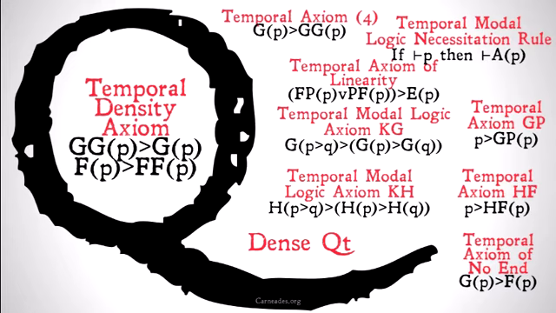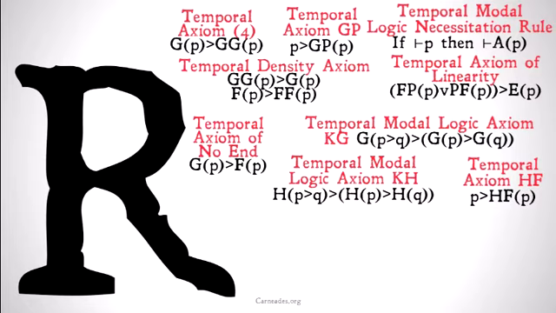Basically, this is saying that our time instants don't have immediate successors or predecessors. Time is dense. For any two instants, there's an infinite number of instants between those two instants. This means that time is actually going to map onto the rational numbers. Remembering, rational numbers are numbers that can be expressed as ratios.